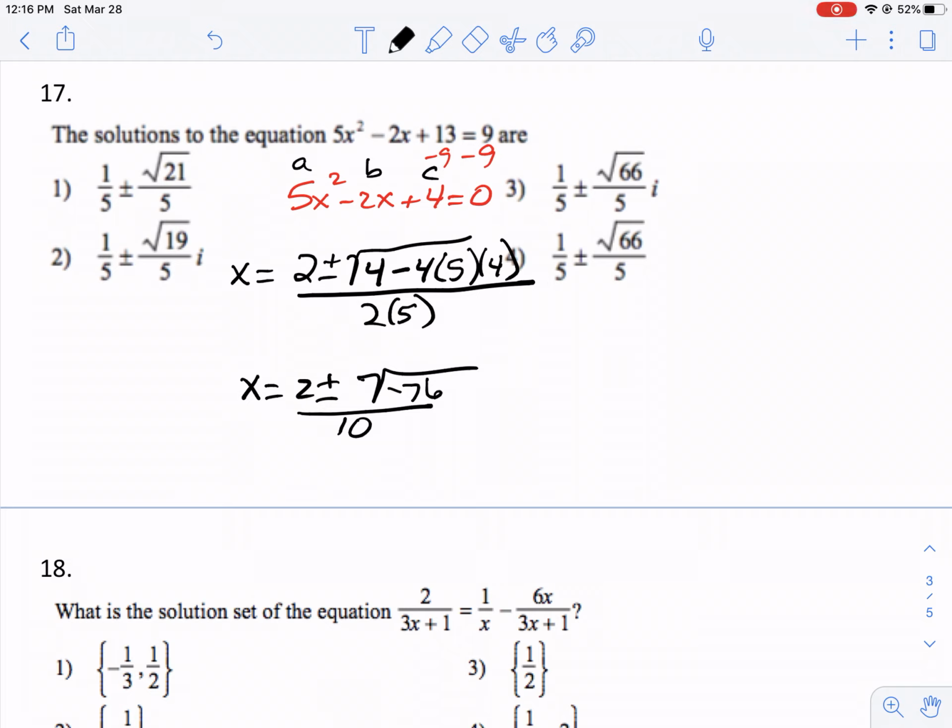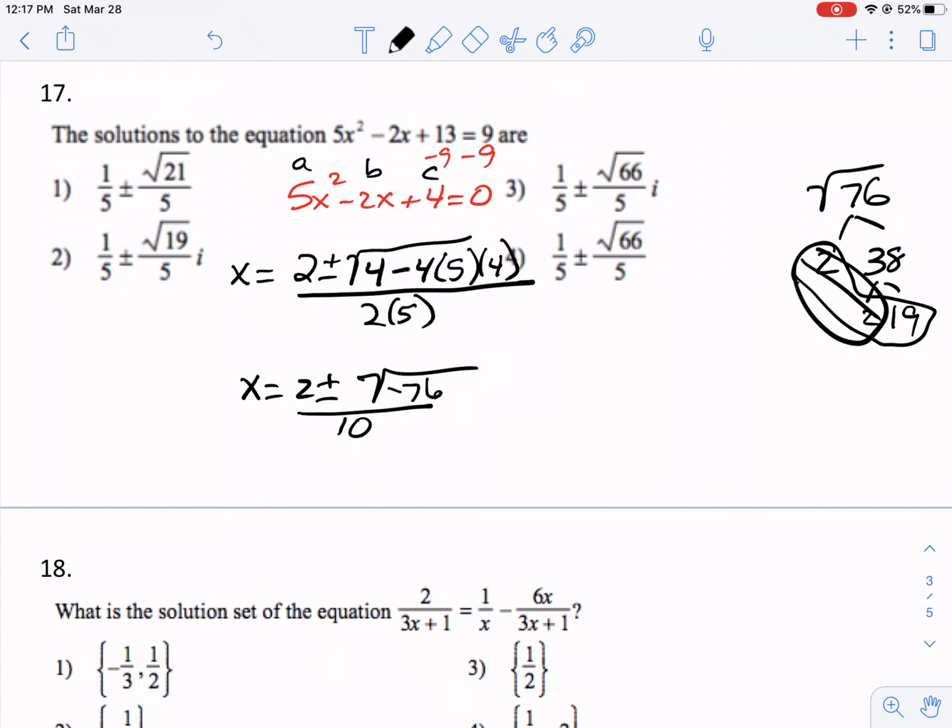Yeah, negative 76. All right, so we know we've got to bring the i out. So we're going to simplify the square root of 76. So 2 and 38, 2 and 19, a group of 2. So that 2 is going to come out. So we end up with 2 plus or minus 2i root 19 over 10.